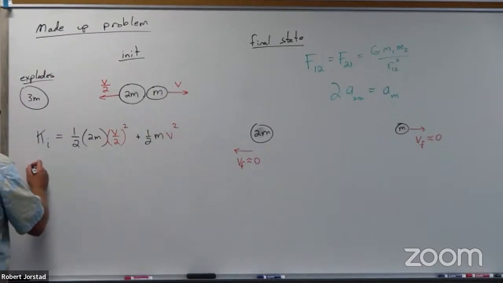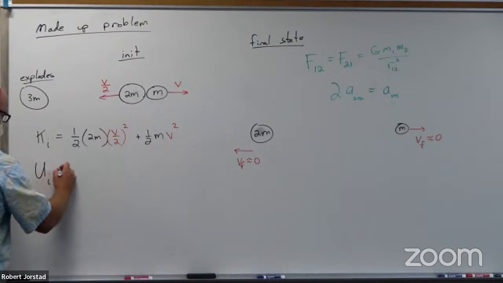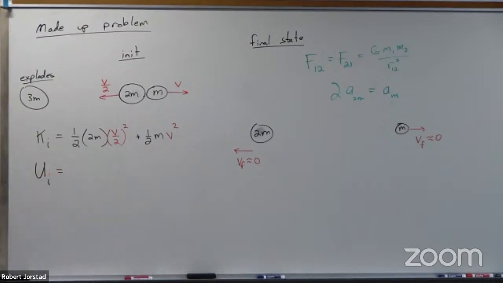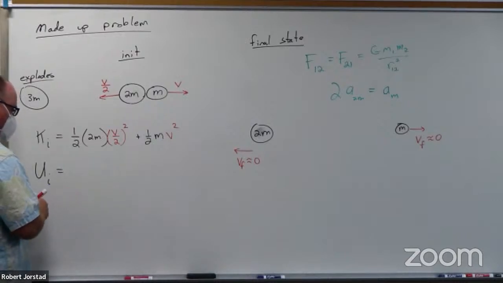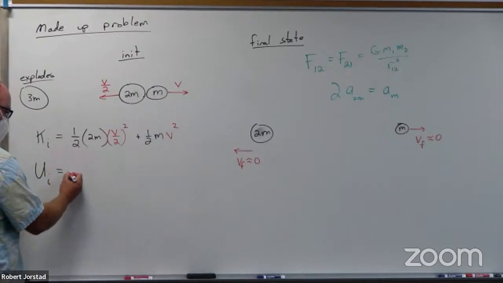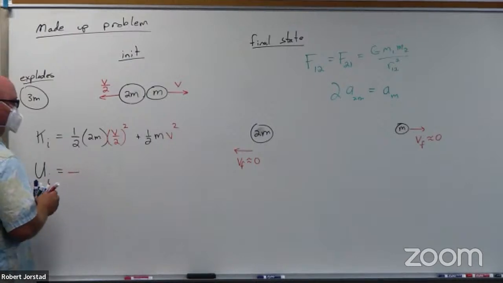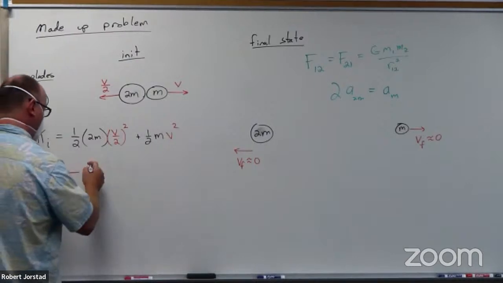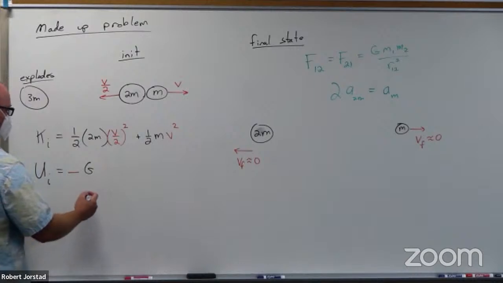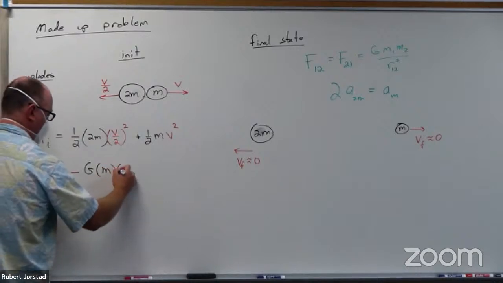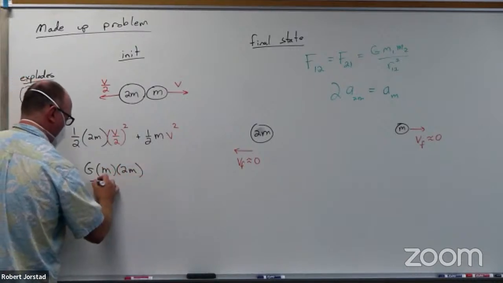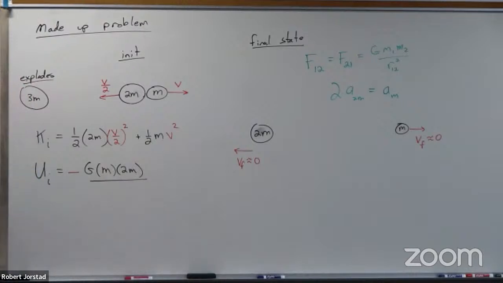What's the initial gravitational potential energy? Well, what's the thing I always harass you about first? Negative. Big G. There's going to be m. There's going to be 2m. And then what's the distance between their centers?